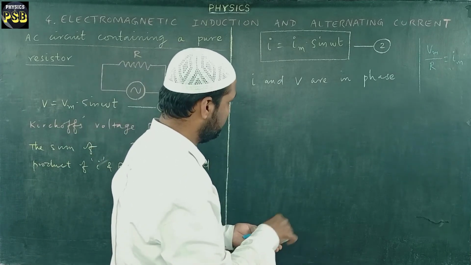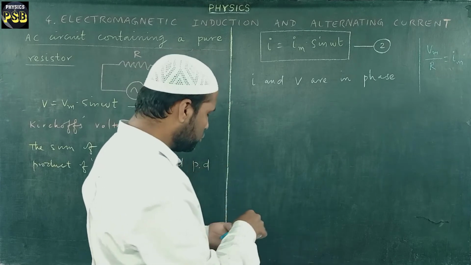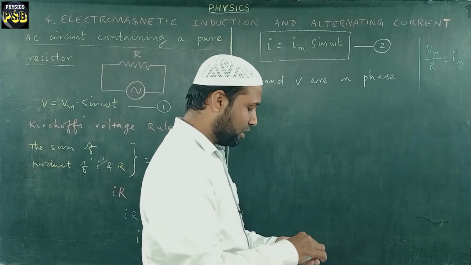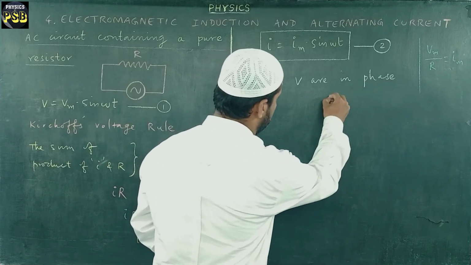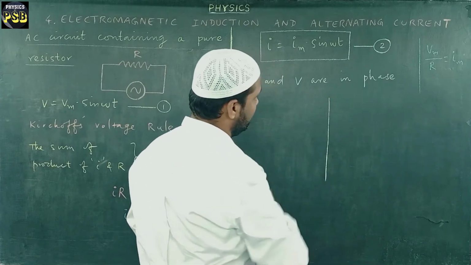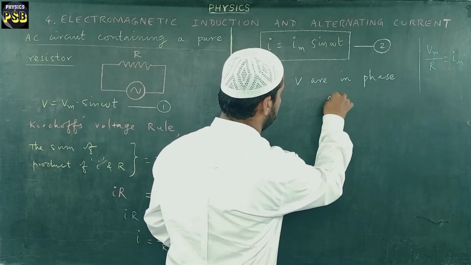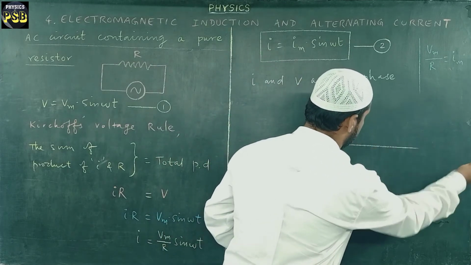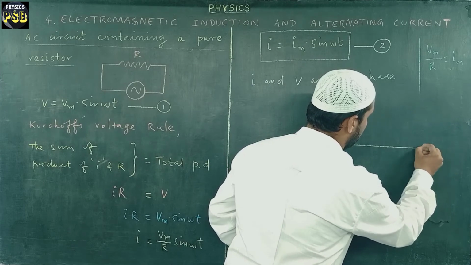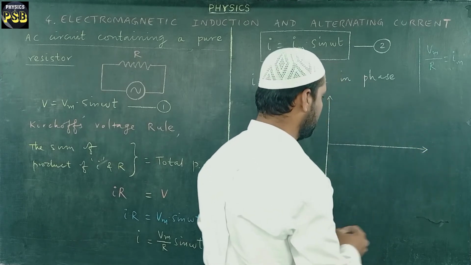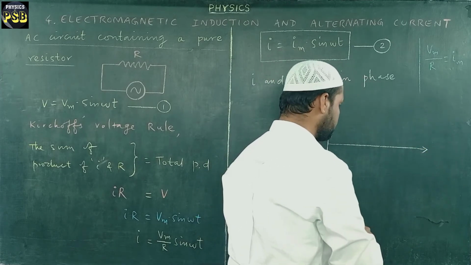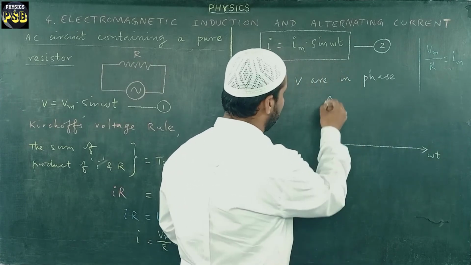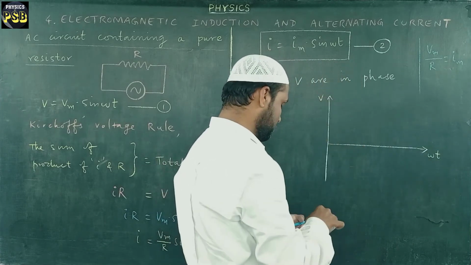This I'm going to show with the help of the wave diagram. I'm going to draw the wave diagram of this current and voltage. This is taken as the y-axis. This one is the x-axis. Along the x-axis we take time or angle, and along the y-axis we take voltage.